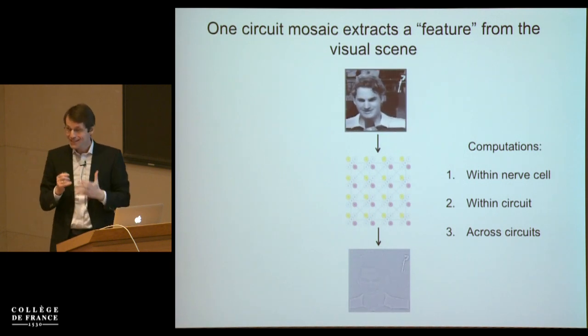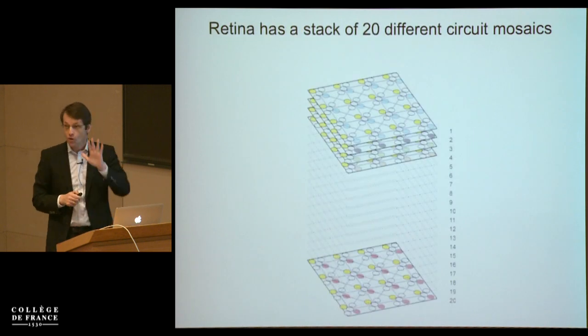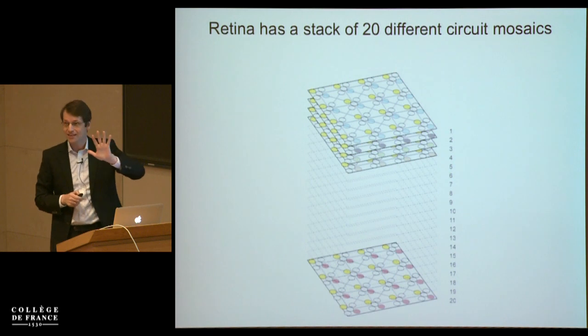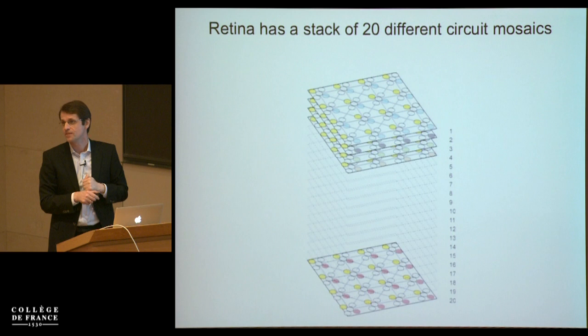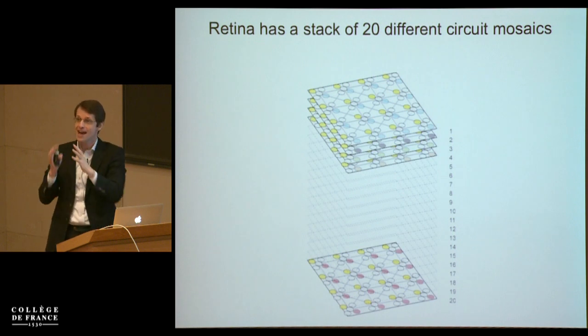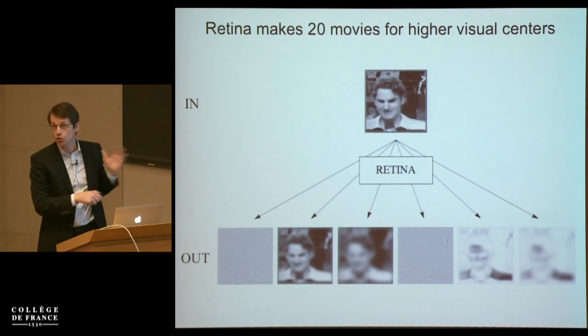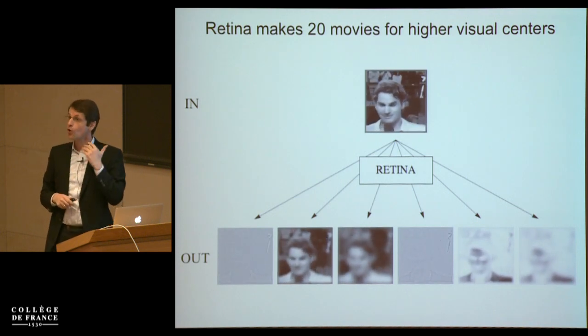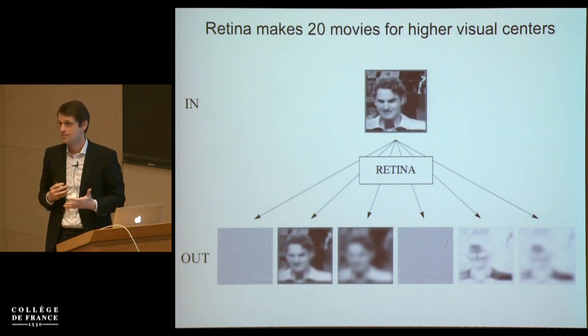Now, why is the retina such an interesting piece to study? Because we don't have only one such mosaic calculating some feature, but we have 20 mosaics. These are stacked, organized in your retina, and as a result, they compute 20 representations for the brain to listen to and to conclude what is out there.